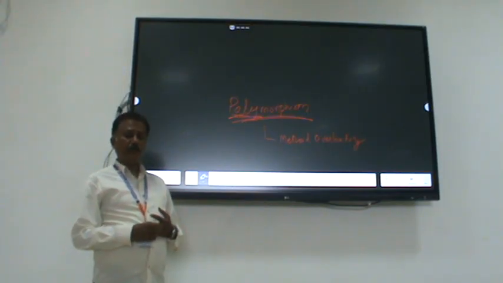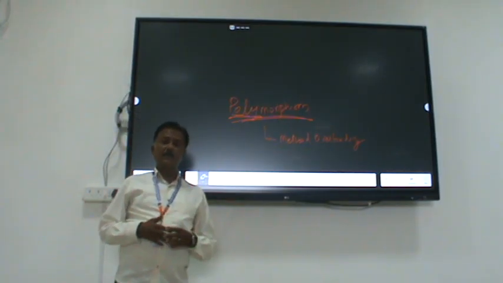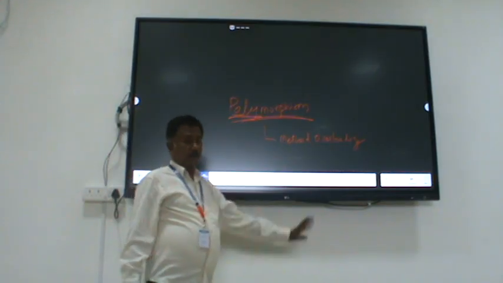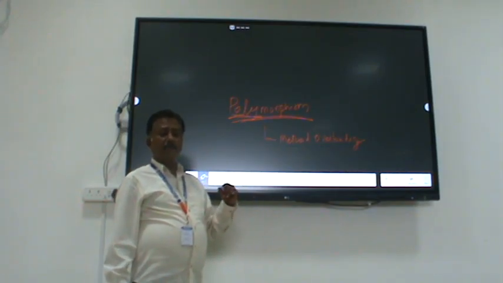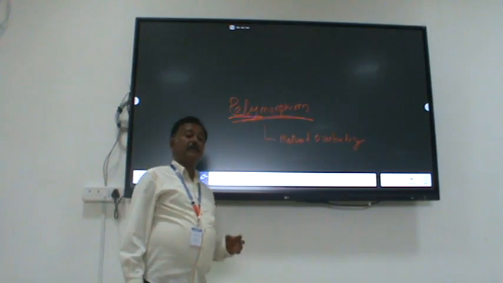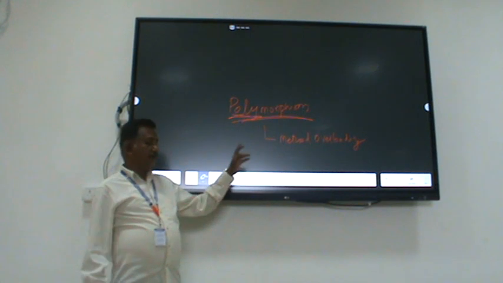Creating more than one method with the same name but different in number of parameters and type of parameters is called method overloading. It means we will write the same method but the number of parameters will be different and the parameter types, the data types, will be different. So that is called method overloading.